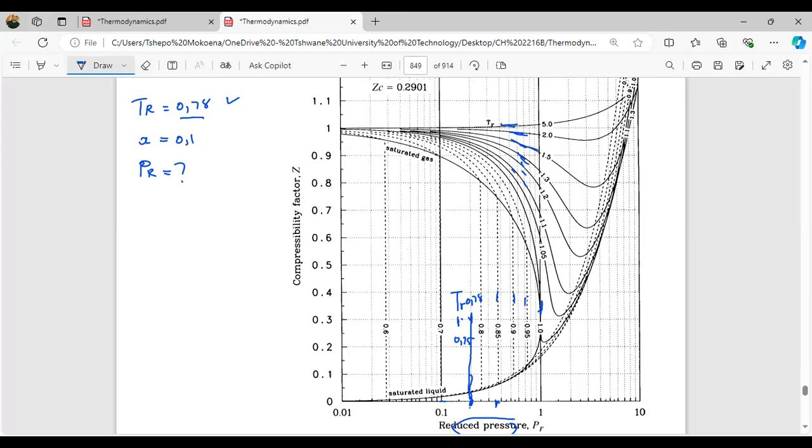So I'll take my value over here to be 0.33. Okay. I'll take it like that. So meaning our PR, however you see it, it's fine. Our P reduced is going to be 0.33. Okay, I'm taking it like this. So we have our PR from this table, but we are not done with this table yet. We'll come back to it.